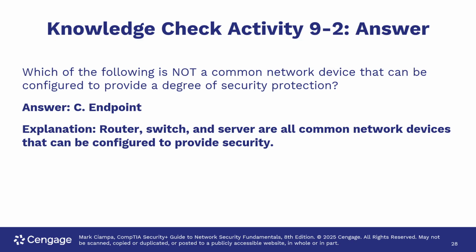Your endpoint is also inclusive. It may be including a printer, it may be including a network attached storage, and things like that. Servers can run software, like you can have a software firewall, and things like that. So that's your answer on this one. Which of the following is not a common network device? And that is an endpoint.